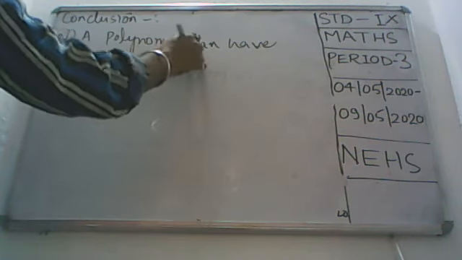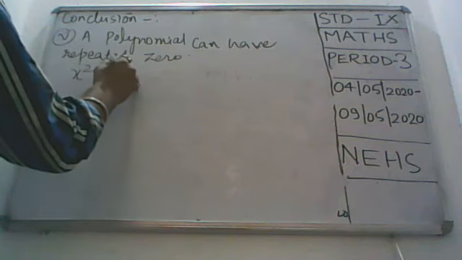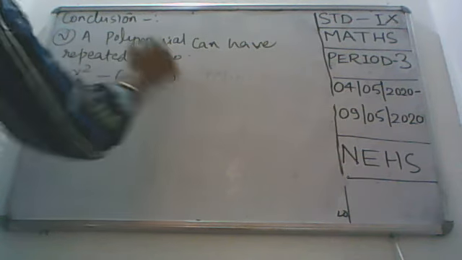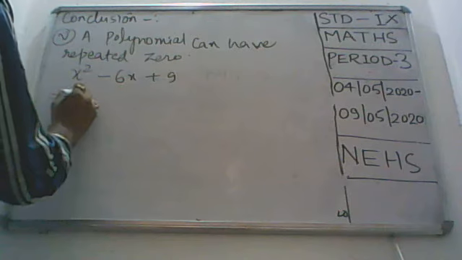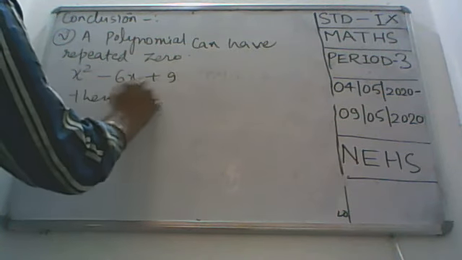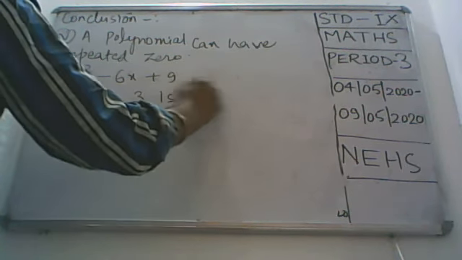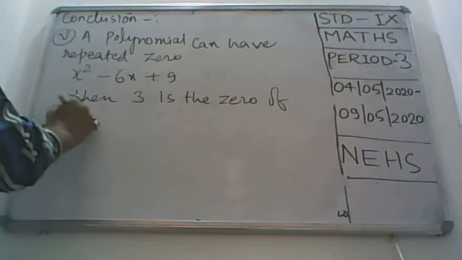How? Suppose I am writing here x square minus 6x plus 9. Then 3 is the zero of this p(x).